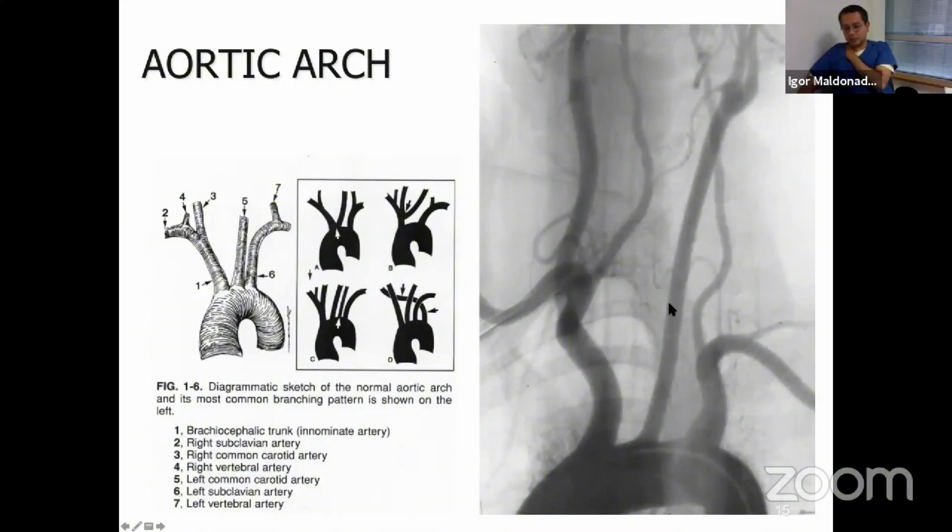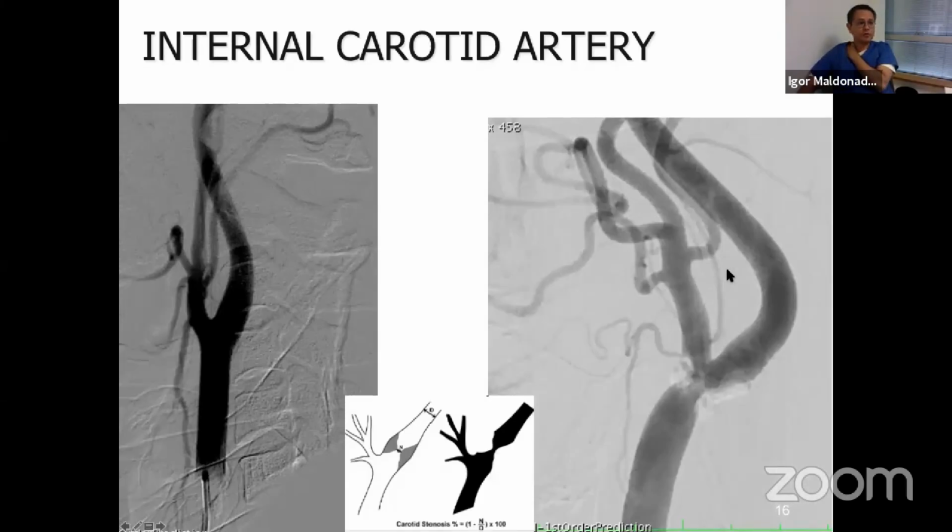You see the primitive or left common carotid artery, the left subclavian, and the vertebral. So in a young subject, the ICA generally takes a position which is posterior in relation to the external one. It's of course also slightly lateral, and then comes medial as it comes to enter the carotid canal.